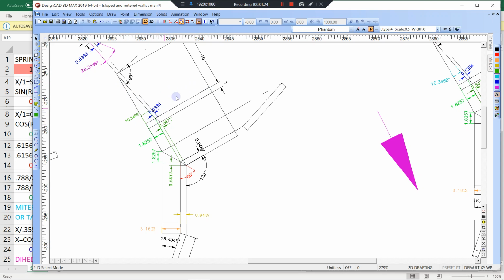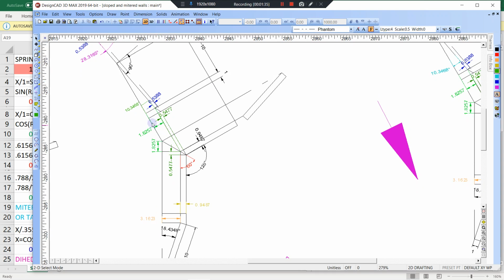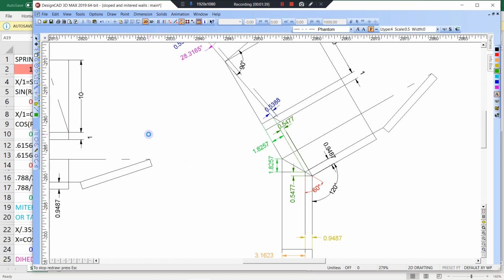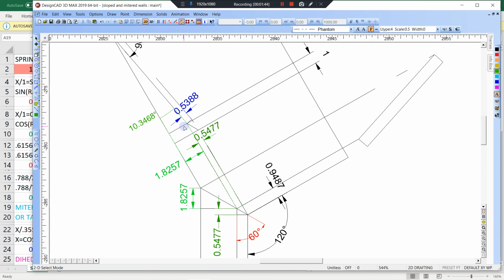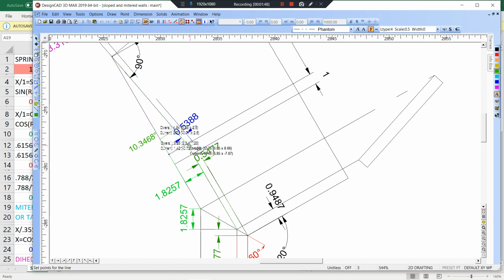But if the diagonal, the actual wall panel itself, was 10, you could put in that dimension 1.8257. Let me zoom in a little better. And then that would be this dimension here, and that would be that angle right there.